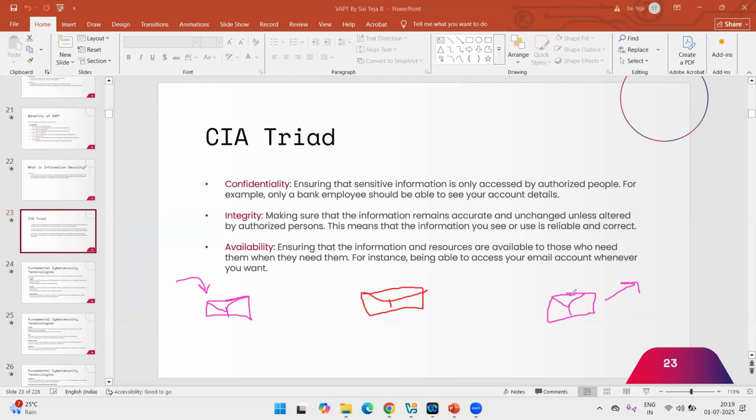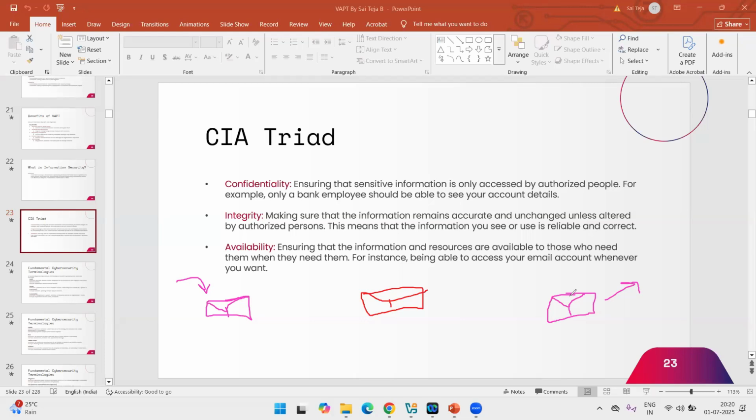So integrity means that we have to make sure that the information remains accurate and unchanged unless altered by authorized persons. Which means there should not be a third party involvement in that communication, and whatever data we are sending should be delivered as it is to them.